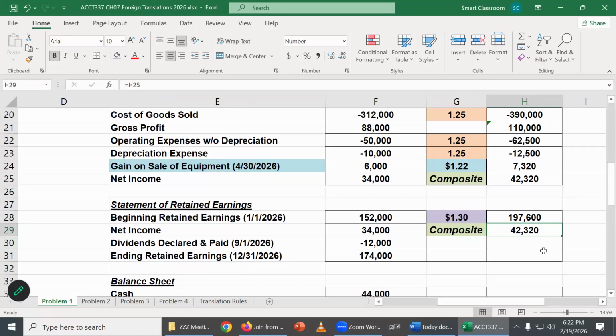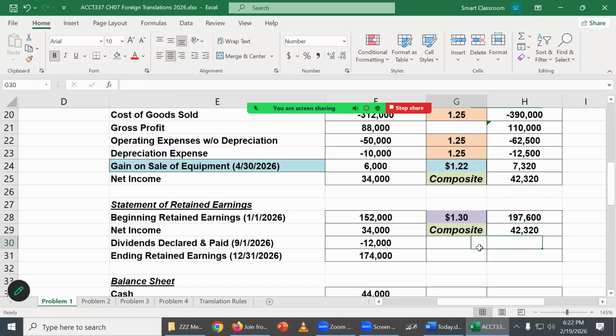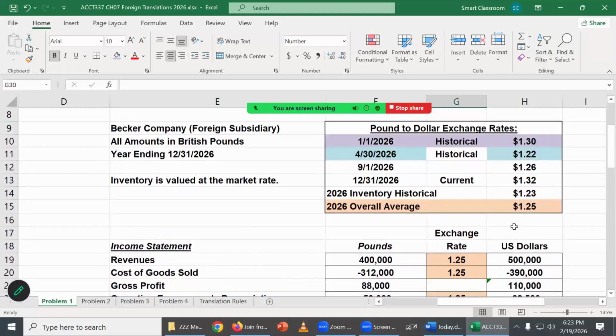All right. So here's the income, it's a composite. And dividends declared and paid were, oh, on 9/1. Okay, so we had to figure out what the rate was on 9/1, and this is also historical. Was it on that date?